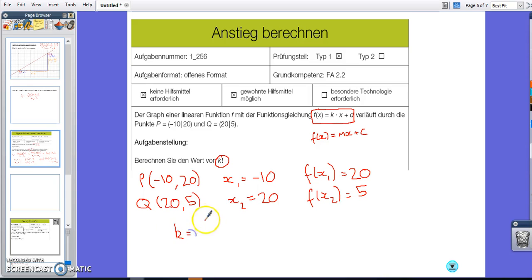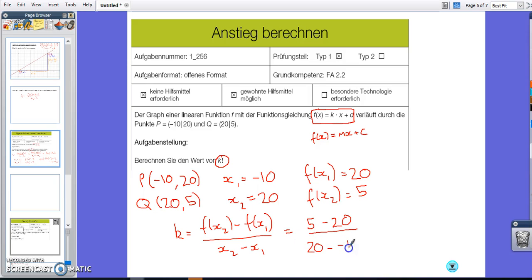So I know k is f of x2 take f of x1 divided by x2 take x1. So I can just put my numbers in. f of x2 is 5, take 20, divided by x2 minus x1. So I have 20 minus minus 10. Be careful with your signs here.